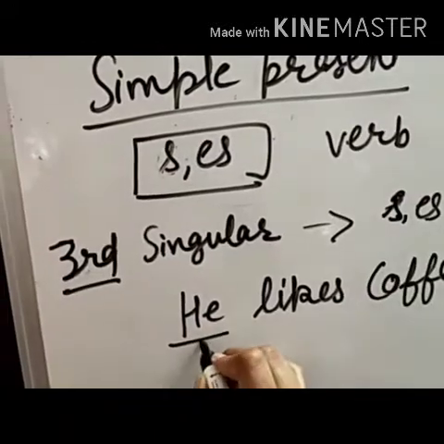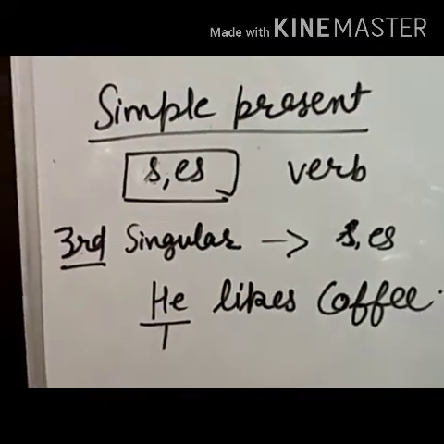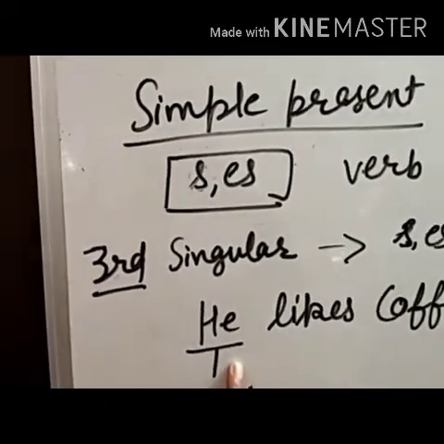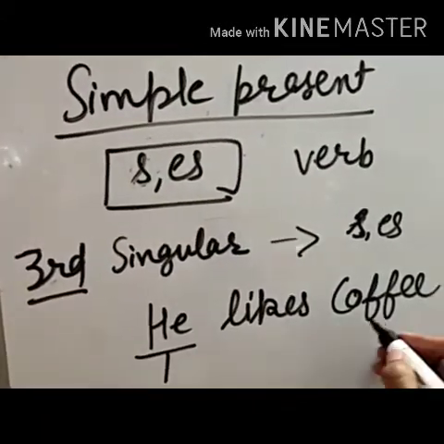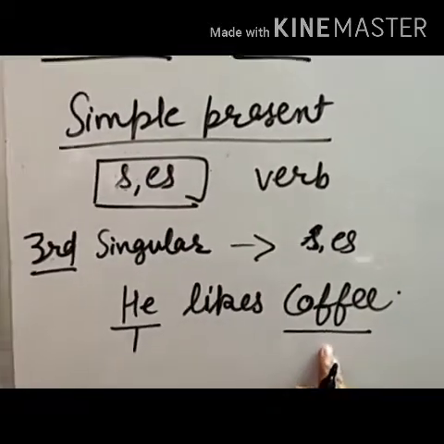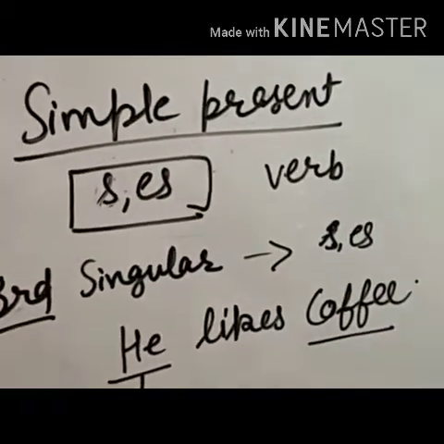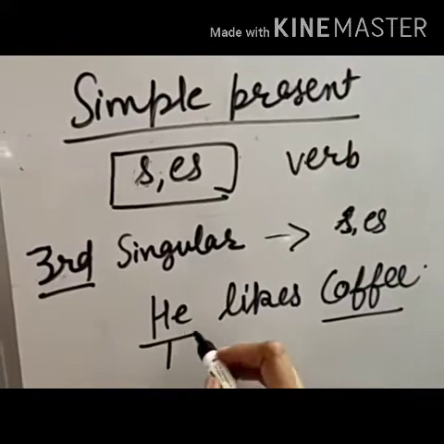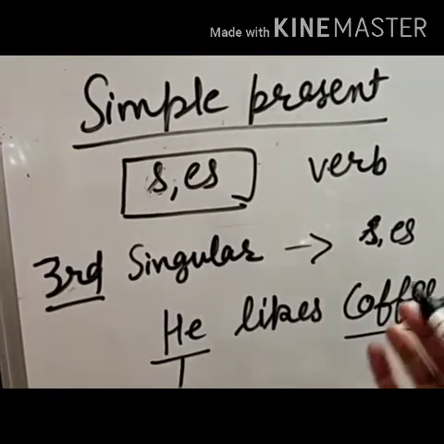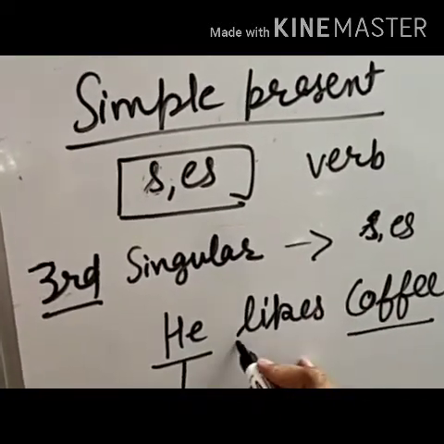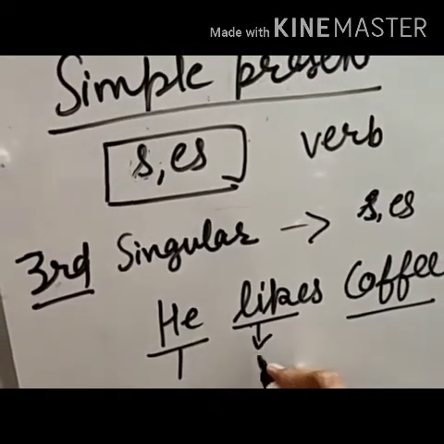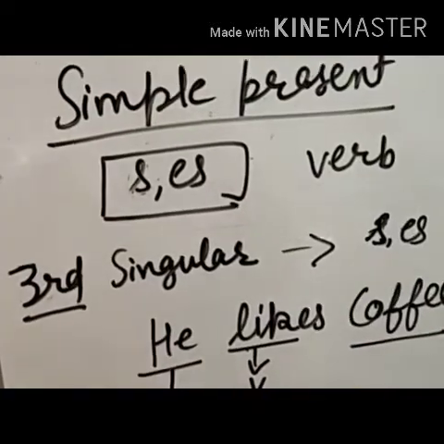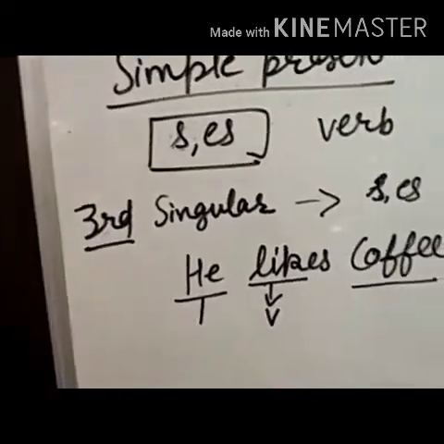In this, he is third person singular. Coffee, he likes coffee. So we have to use S or ES with the verb. The verb is like. So we have to use S/ES according to this.